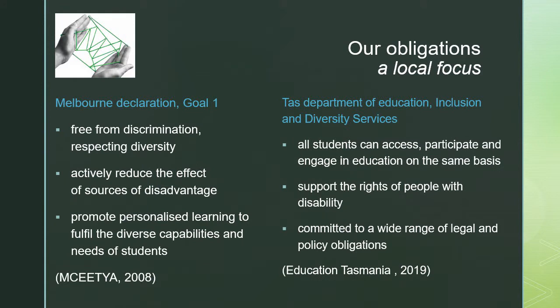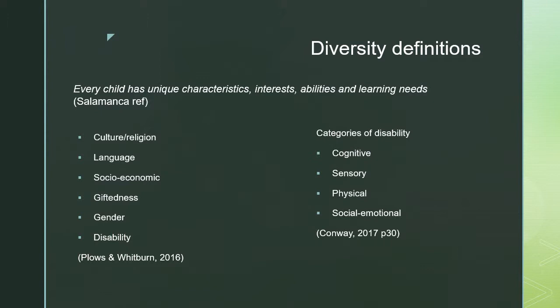And here locally in Australia, we see the same principles echoed in the Melbourne Declaration, where there is a focus there on creating an inclusive environment as well as bridging the gap to actively reduce the effect of disadvantage on students with a variety of special needs.